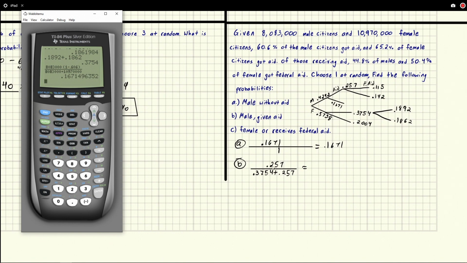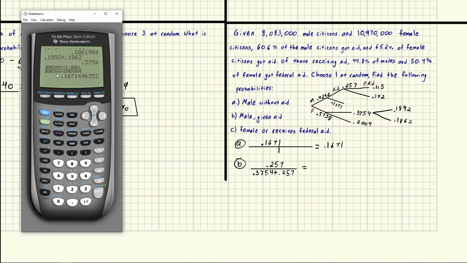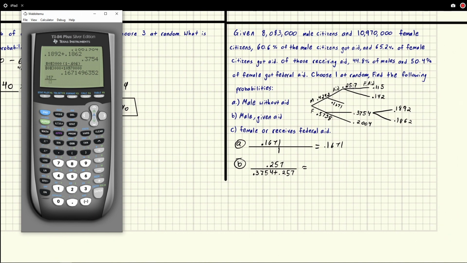Now, I'll show you another way to get the exact same thing that might be a little more straightforward, but it looks more like this. So on top, we've got our 0.257. This is our condition that they were male and they got aid was the given. So they have to have already fulfilled this in order to even be considered.